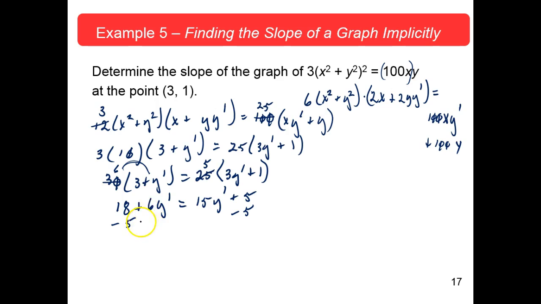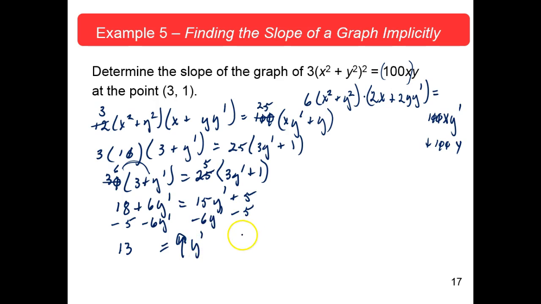Move that 6y to the other side. Minus 6y prime, minus 6y prime. Okay, and what does this give us? 13 is equal to 9y prime.